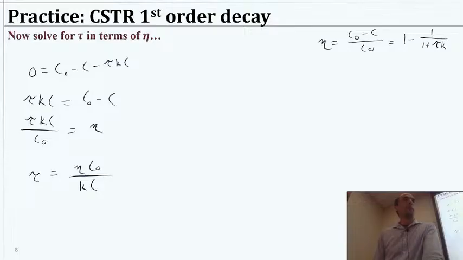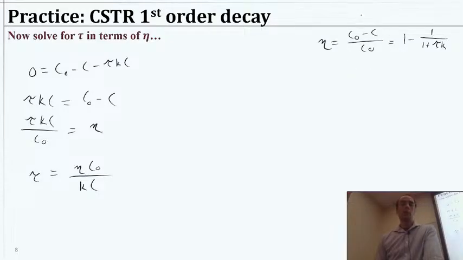All right, so I started from here, because I saw we could easily solve for tau, and I just wanted to check, can I get this in terms of the efficiency in some way? So I just added tau kc to both sides. So I get tau kc equals c naught minus c, which is pretty close to this equation.